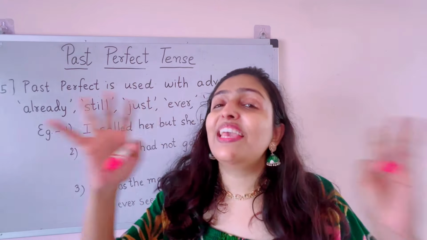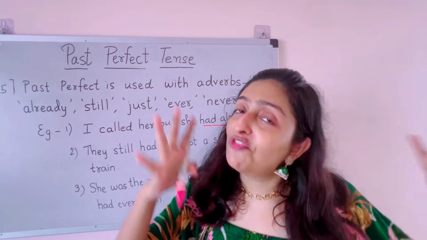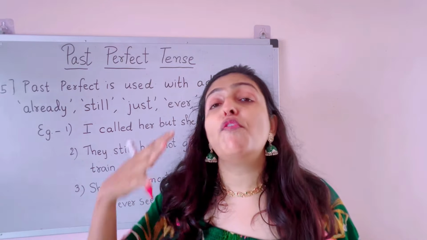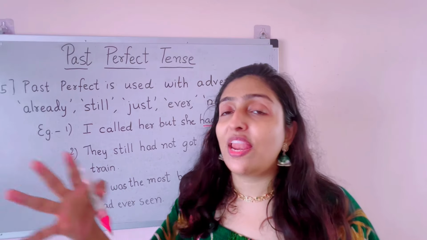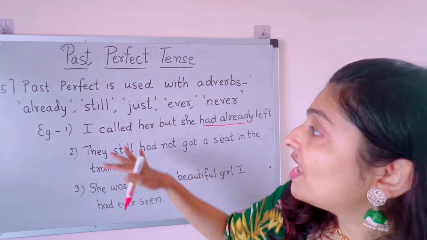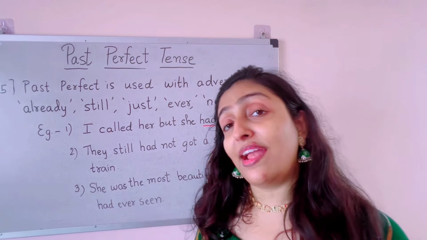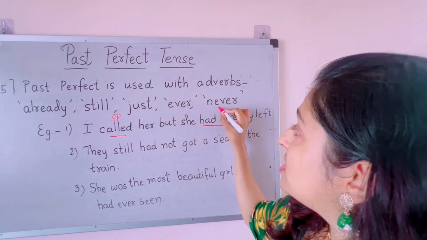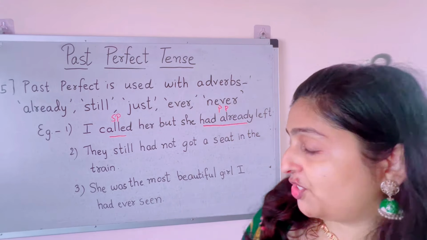So you have to think that way: which is the first event, which is the second event. You need to think of rule 1 and rule 2 whenever you try to solve the exercise. I called her, but she had already left. So this is simple past and this is past perfect.